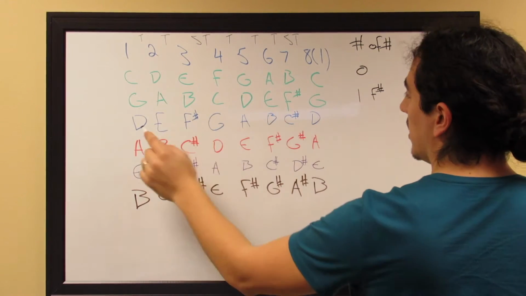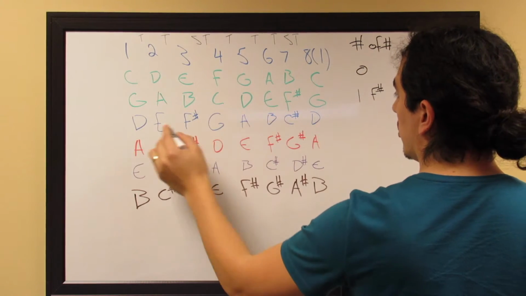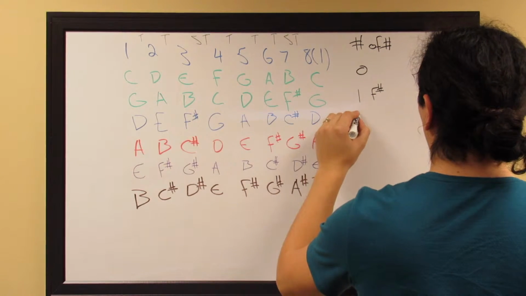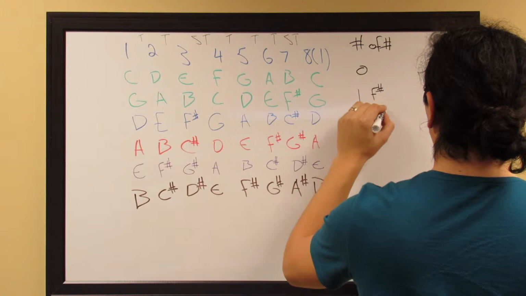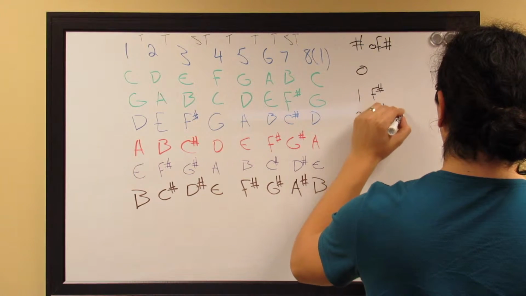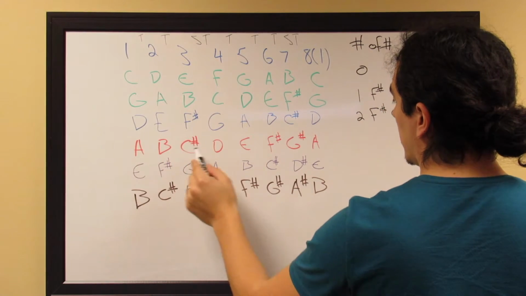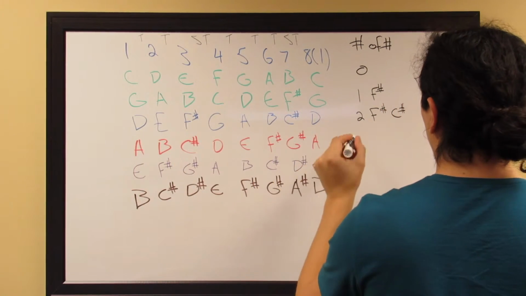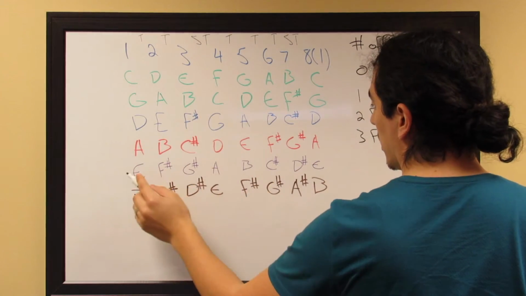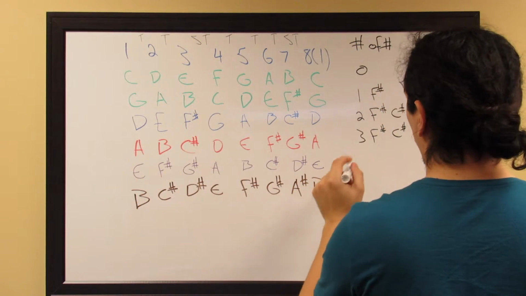Key of D has 2, F sharp and C sharp. Key of A has 3, C sharp, F sharp, and G sharp. E has got 1, 2, 3, 4.